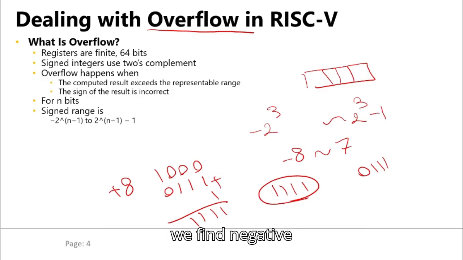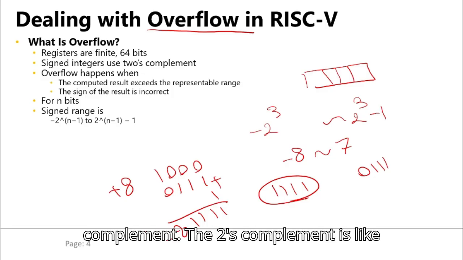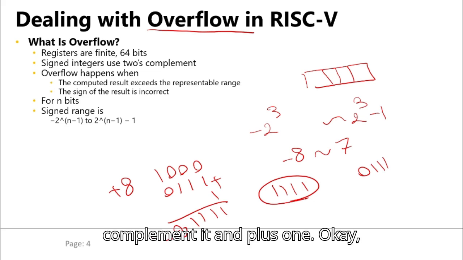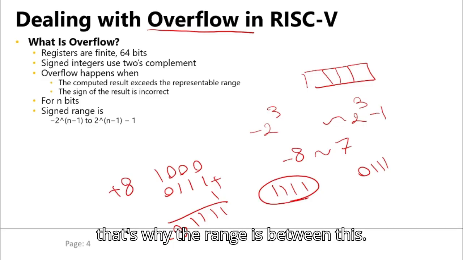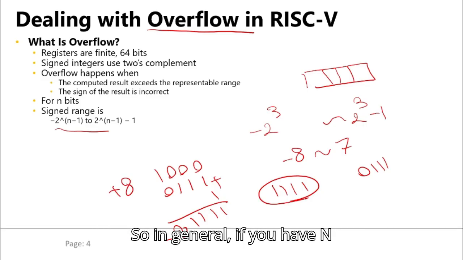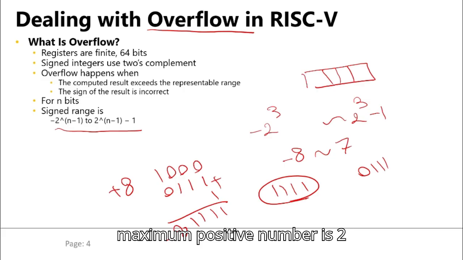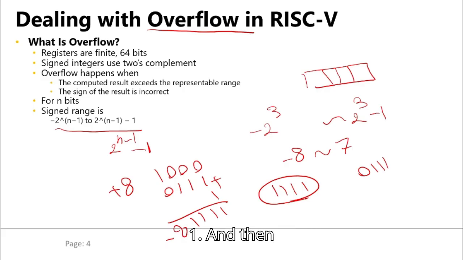So this is how we find negative numbers. We do 2's complement. The 2's complement is like that. We negate it or we convert it. We complement it and plus 1. Okay, that's why the range is between this. So in general, if you have an n-bit binary number, the maximum positive number is 2 power n minus 1, minus 1.